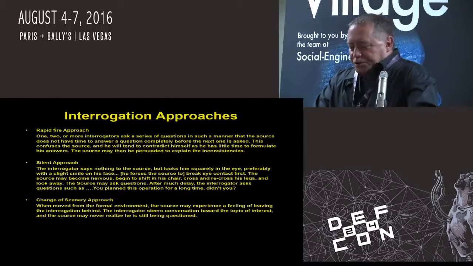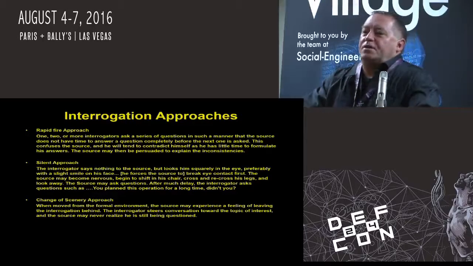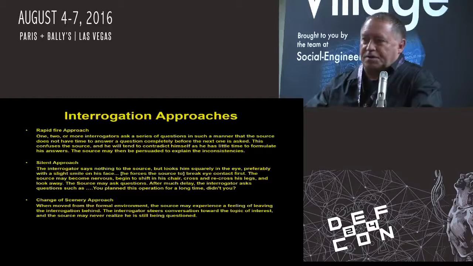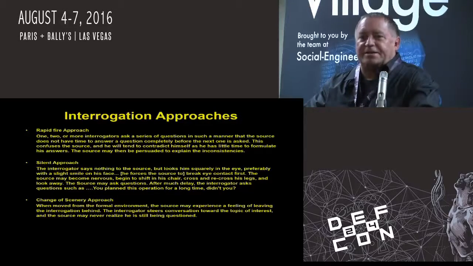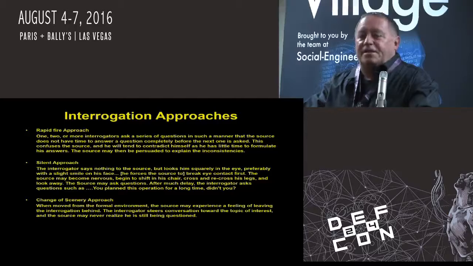Rapid fire approach is when you have multiple people, and this sometimes can work. If you have a lot of people that have approached a front desk, it can distract. It can cause a lot of confusion for the people at the front desk, and you'd be amazed at people that you could sneak around from a social engineering perspective, to get through that front gate and that desk and things like that.